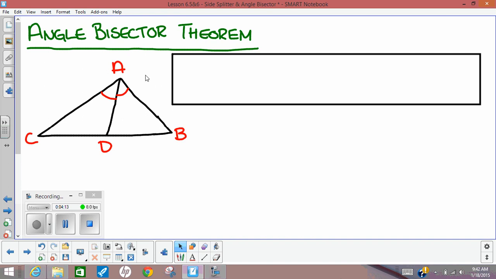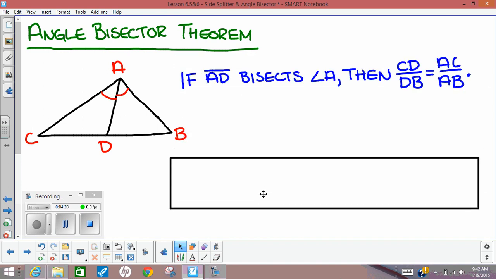The angle bisector theorem is kind of similar. If we have an angle bisector, which means we have a line or a segment that cuts an angle in a triangle in half, which we have here. Angle A is cut into two congruent angles. We have another proportional relationship. So we have CD over DB.